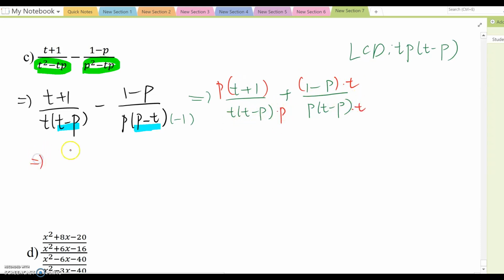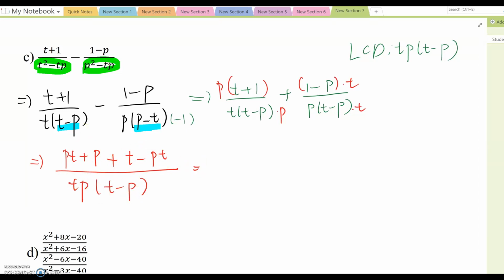Then this is going to be pt plus p plus t minus pt over tp(t minus p). So, as you see, these two cancel out.